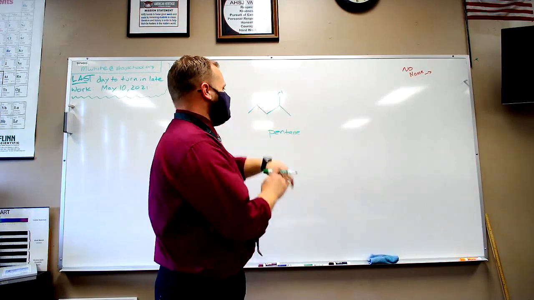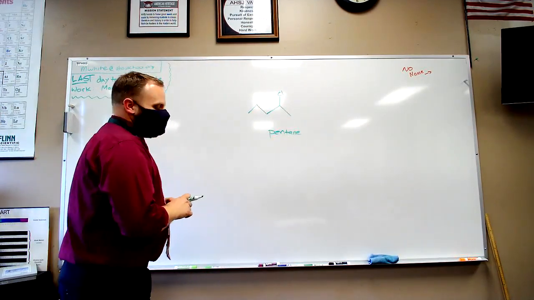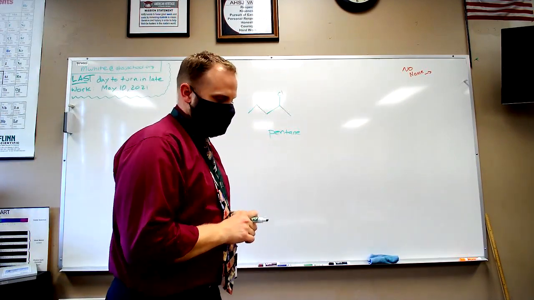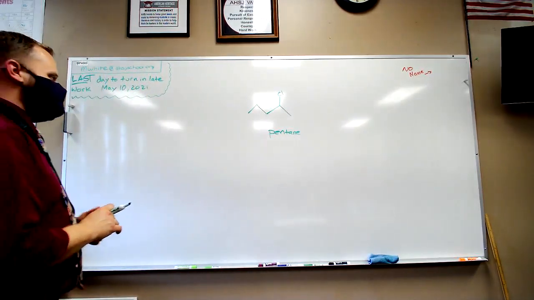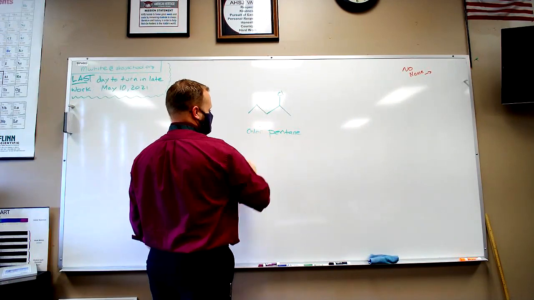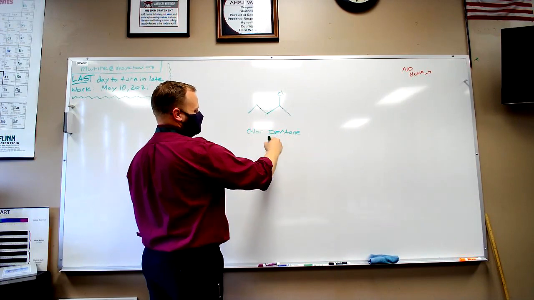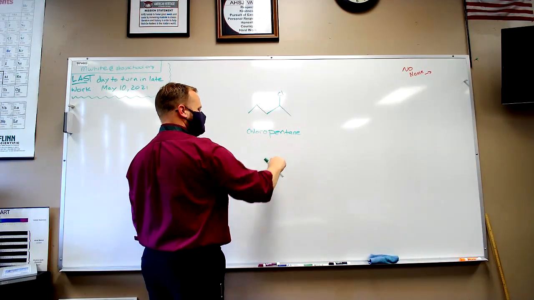So we have this chlorine here, so it's not just pentane. What we do is we just have to take the root of this. We get rid of the -ine and replace it with -o. So this is chloropentane.